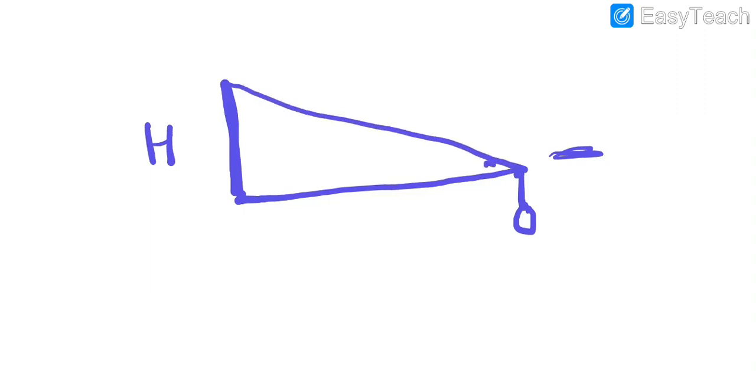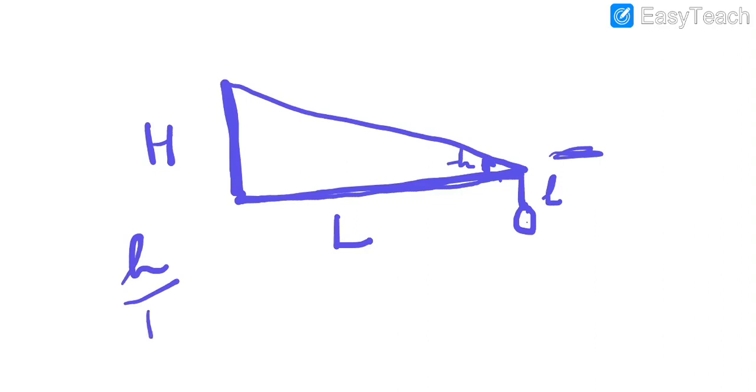Actually, the load moved only this small h, this distance, and we know this length is capital L, and this one is small l. So small h by capital H is equal to small l by capital L.